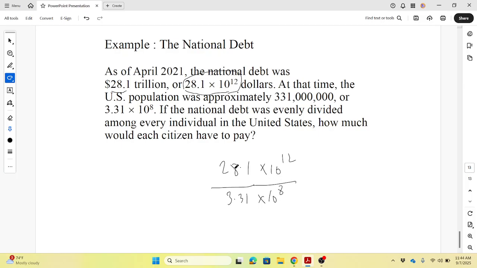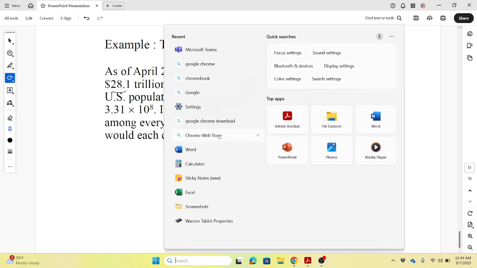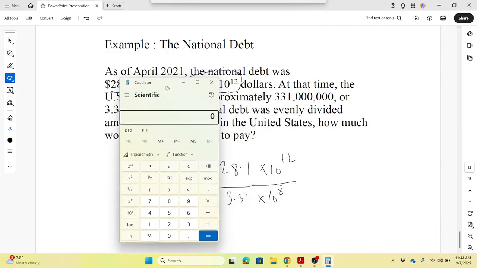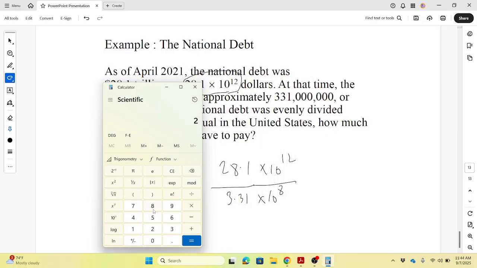Now when you divide 28.1 by 3.31, you can use the calculator. So 28.1 divided by 3.31, that is 8.489.